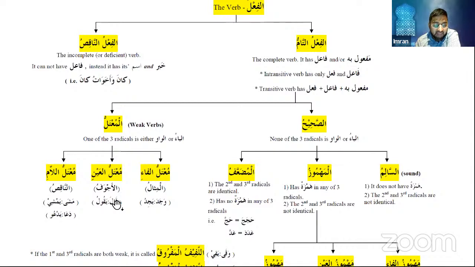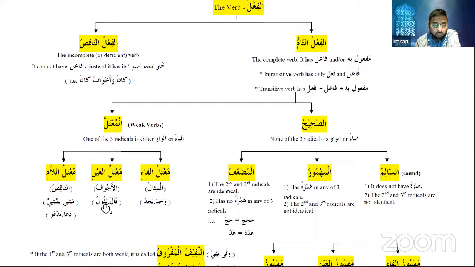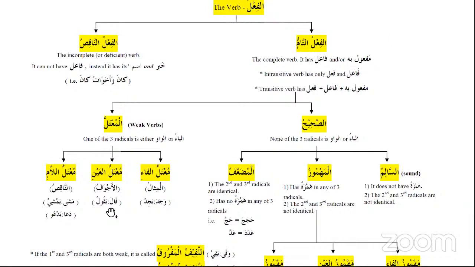So qala is the past tense, and the present tense is yaqulu. And this type of verb, when there's a weak letter in the middle, is called mu'tal al-ain. And the term for this type of verb is ajwaf. Al-ajwafu. Is this clear, sister? Yeah, this is clear.